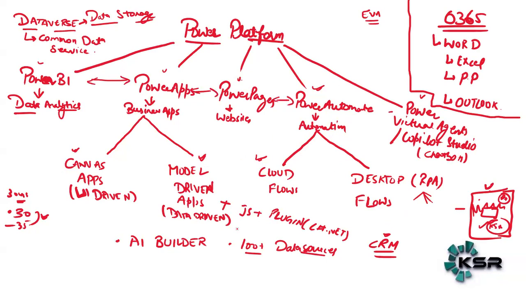By integration, I mean, if you want to do some automation in Power Apps, you can integrate Power Automate with that, and then you will be able to do the automations. Similarly, if you want to embed visualization in Power Apps, you can create a Power BI report embedded into Power Apps, and then your Power Apps will be the centralized application for that. Okay. So all these things we will be covering.